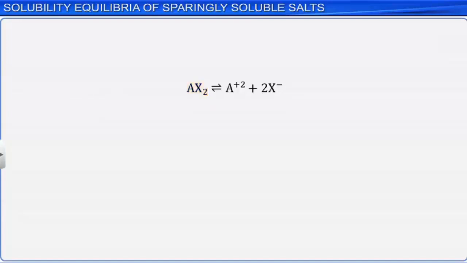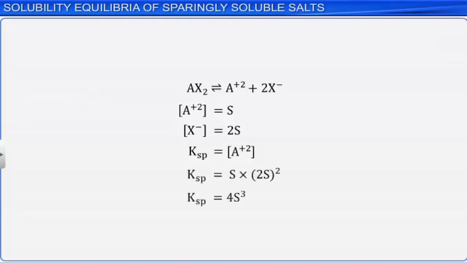The equilibrium reaction for this dissociation may be represented as AX2 in equilibrium with A2+ and 2X-. The solubility product Ksp for the salt AX2 can be written as Ksp is equal to the product of concentration of A2+ and X- raised to the power of 2.